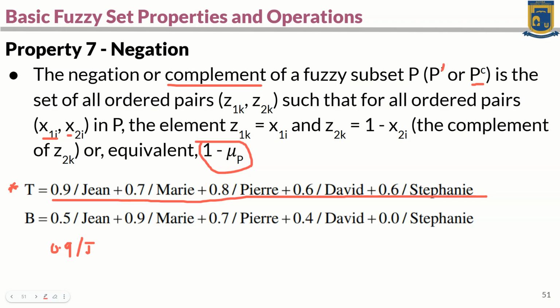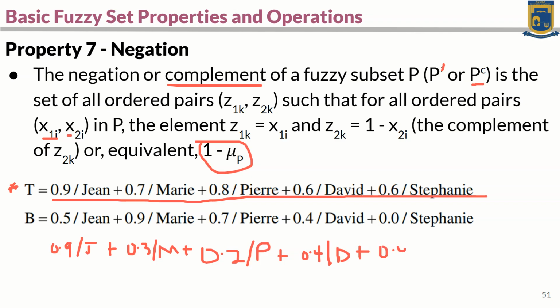I'll use the initials plus 0.3 for Marie, M. Plus 0.2, okay, 0.2 for Thierry. Then 0.4 for David, D, and plus the last one, 0.4 for Stephanie. All right. So for the G, 0.1. Who's the 0.9?